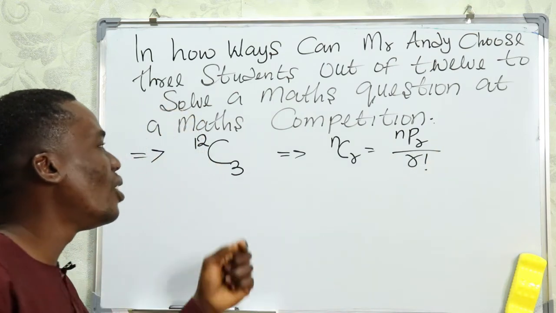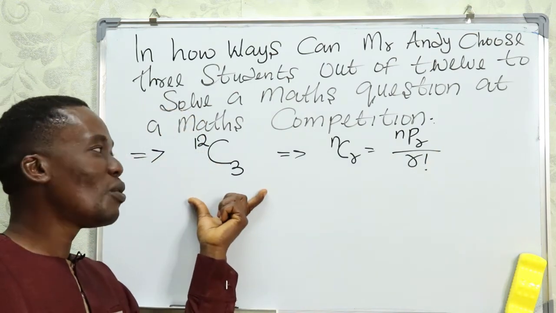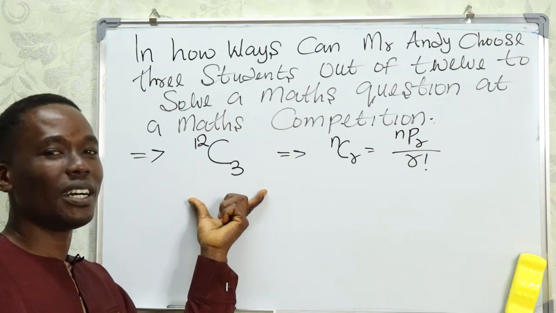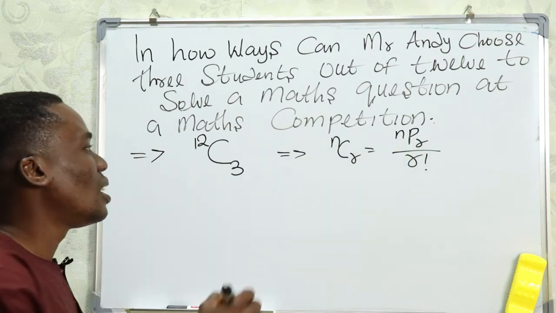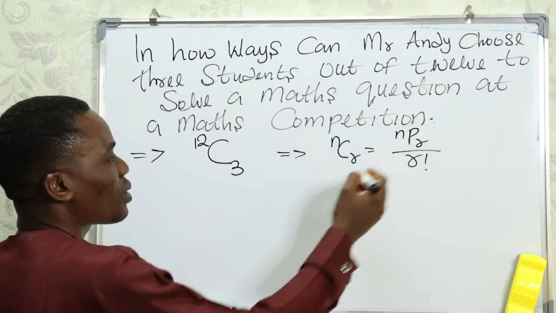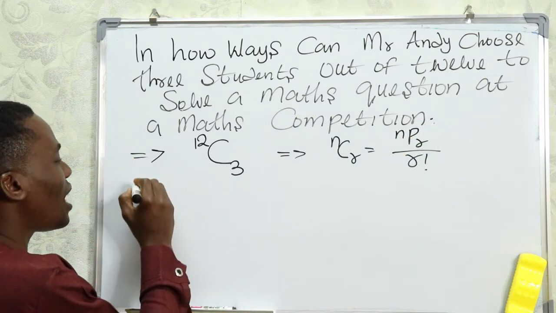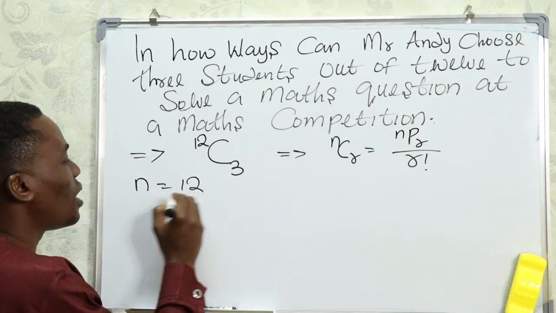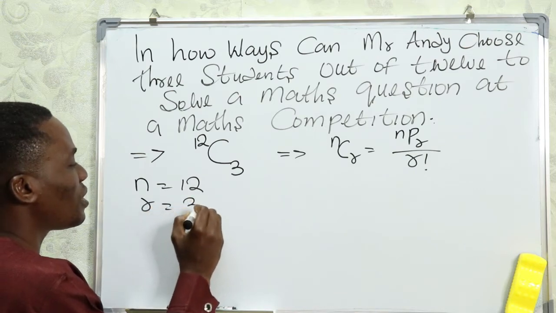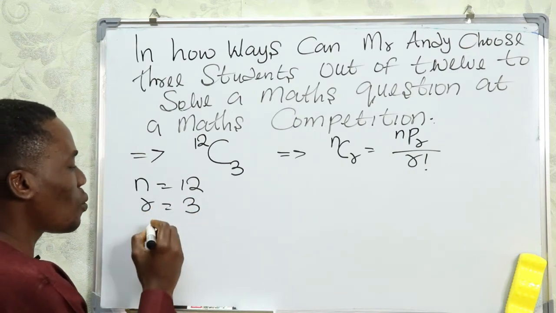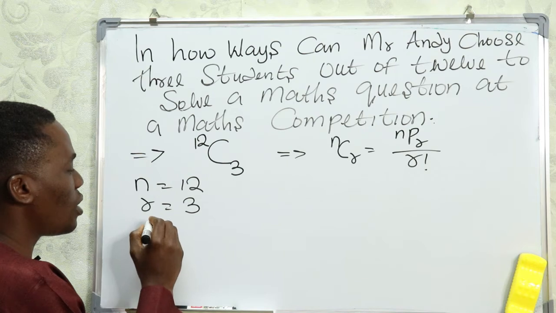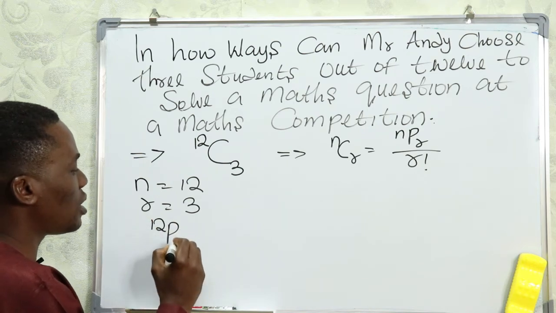That's the general formula. Now, if we want to get our final result, we have to know what nPr is. In this regard, our n is equal to 12 and our r is equal to 3.